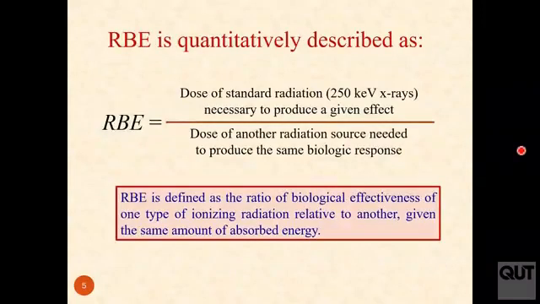So the relative biological effectiveness is related to the type of radiation. It's the dose of standard radiation of 250 keV X-rays necessary to produce an effect divided by the dose of a different radiation source or energy to provide the same effect. So it's simply a ratio normalised back to 250 keV X-rays.